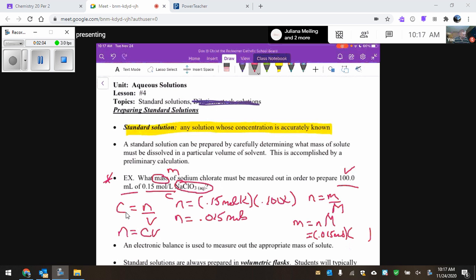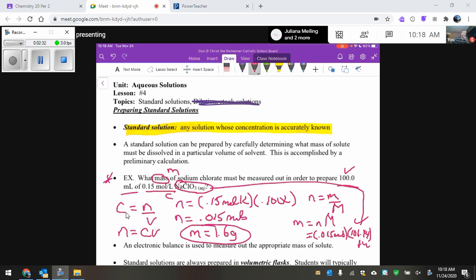And my molar mass, which I did yesterday, was 106.44 grams per mole. That's for this right here. 106.44 is what that says there. I know it's super messy. I apologize. 106.44. Okay. If I multiply those two together, I will get 1.6 grams of sodium chlorate is what I need to use.